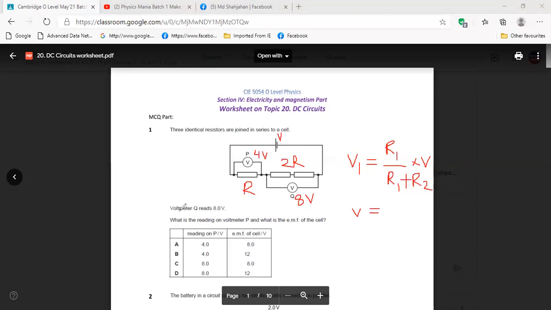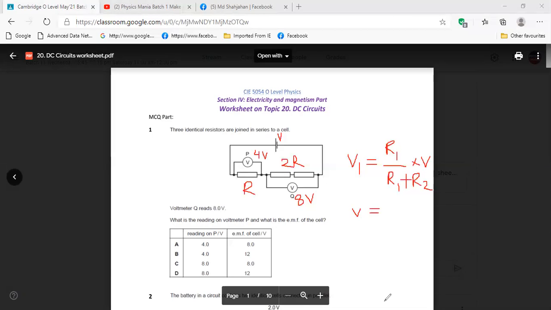They are saying voltmeter Q reads 8 volt. That means across these two, this is Q, right? Here we are getting 8 volt. Power supply we have to find. This is power supply V. I wrote here V.